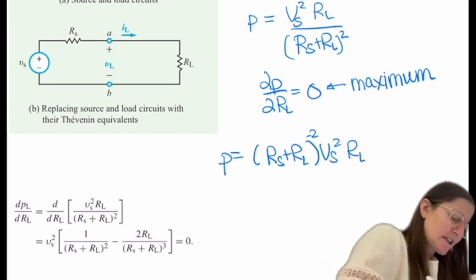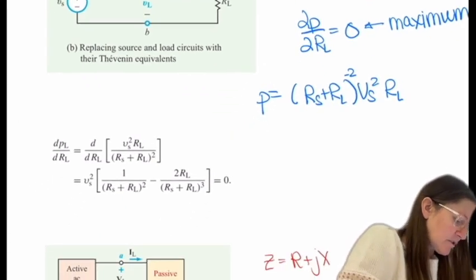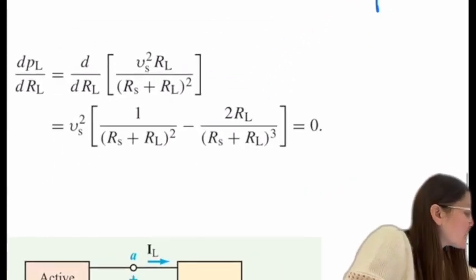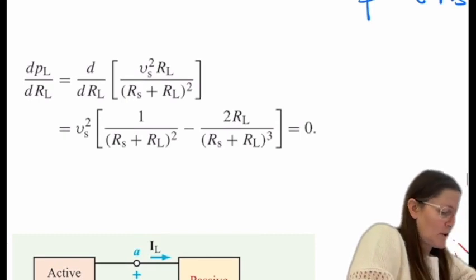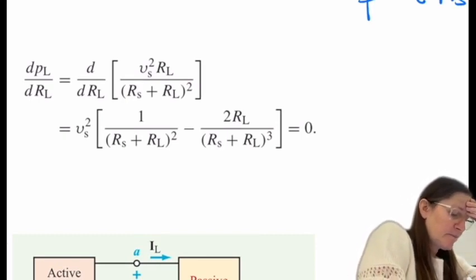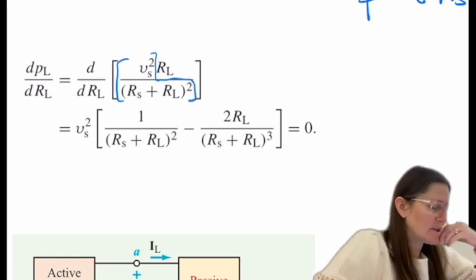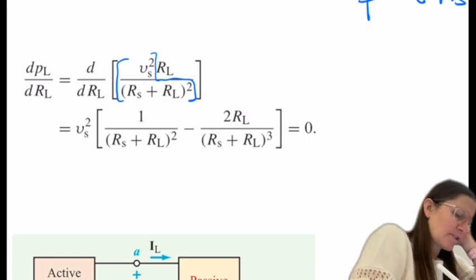Then I would have to take the derivative of the top, and then the derivative of the bottom. So anyway, I end up with V_S squared, 1 over R_S plus R_L squared, because I take this first portion, and then I have to take the derivative of the second portion.